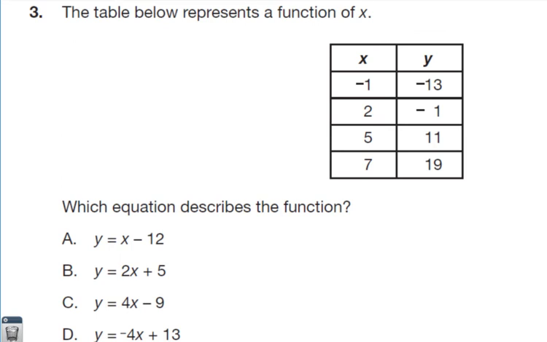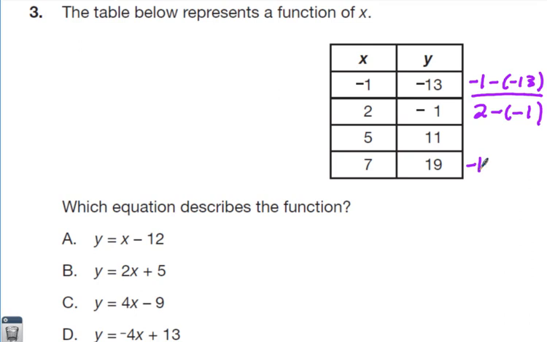That'd be a checking-each-answer sort of method, but I'm going to look at this and go, well, why don't we do -1 minus -13 and find the change in y here, and then the change in x, and pretty much get myself a slope.